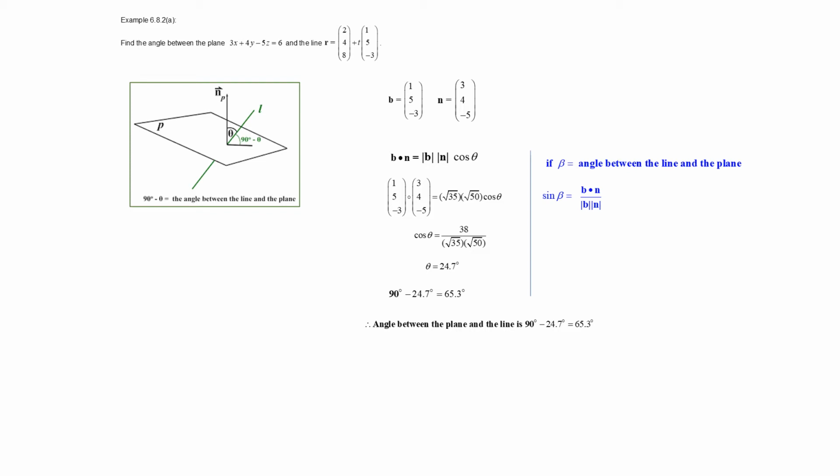Sometimes they take the unit vector for n, so the magnitude is 1, simplifying to this format. Some students memorize this and straight away calculate the value for theta, and this is the answer.